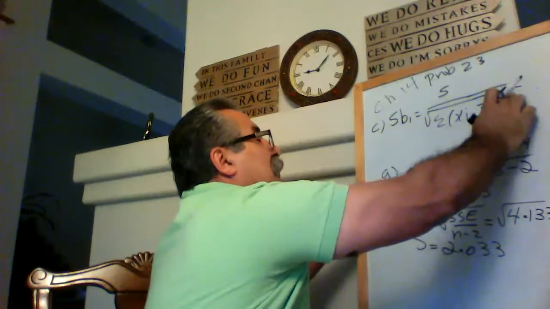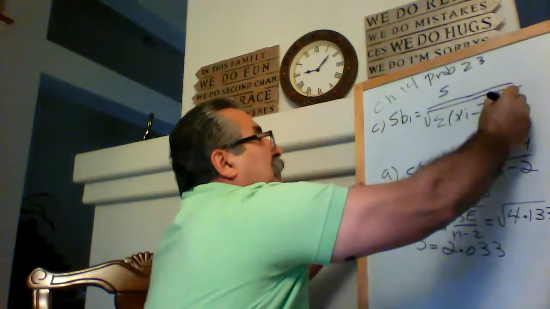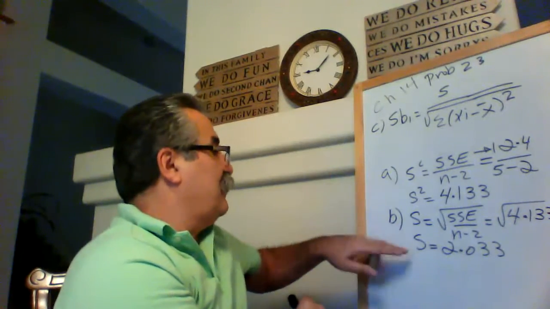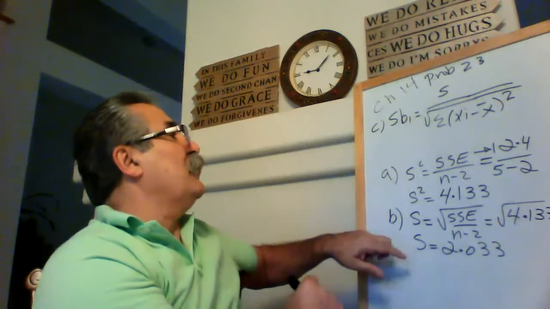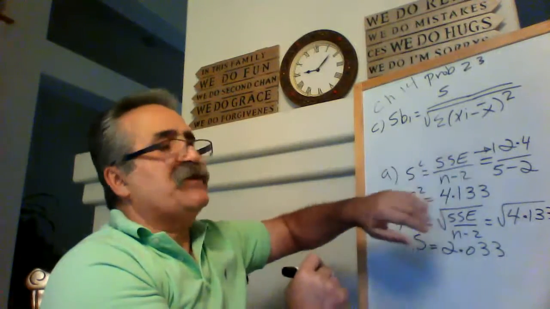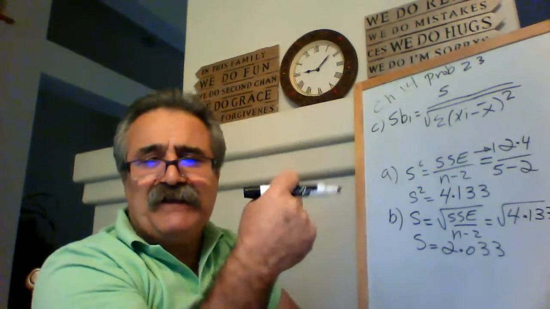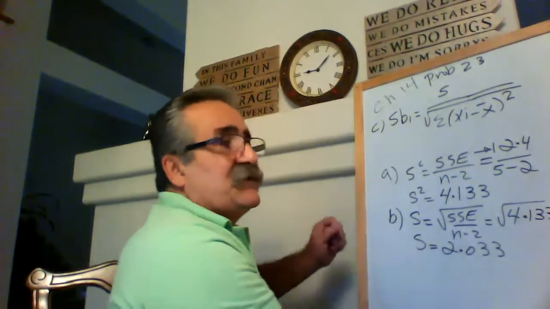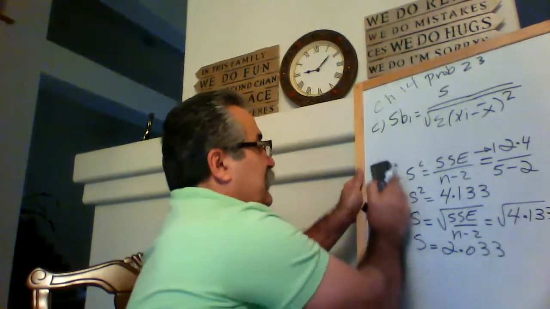Okay? So we have S. We need to know what xi minus x bar squared is. I don't know how many of you remember that. Let me just refresh your memories.